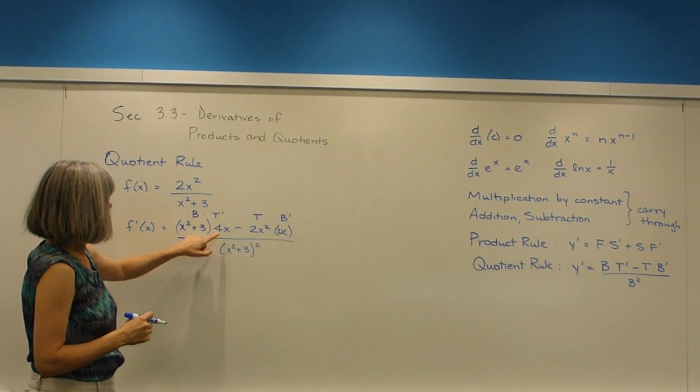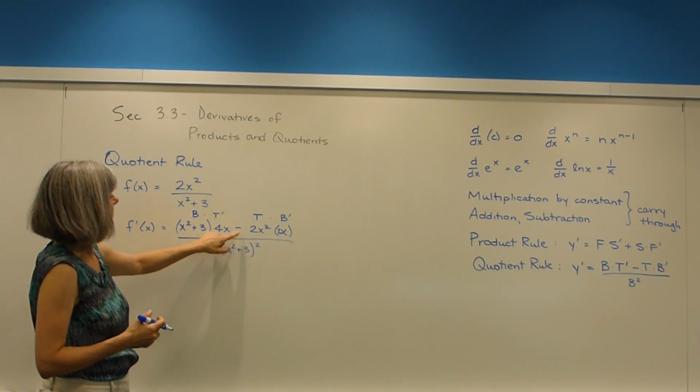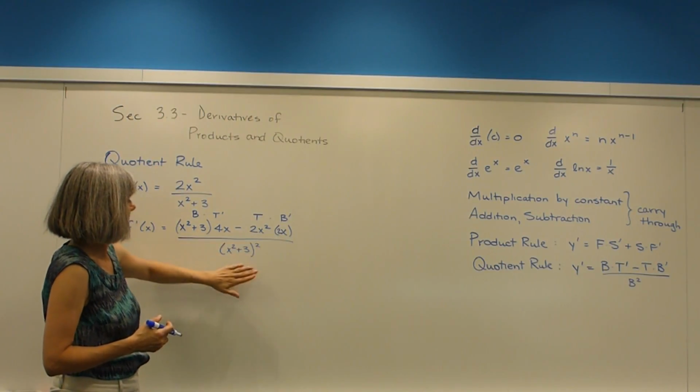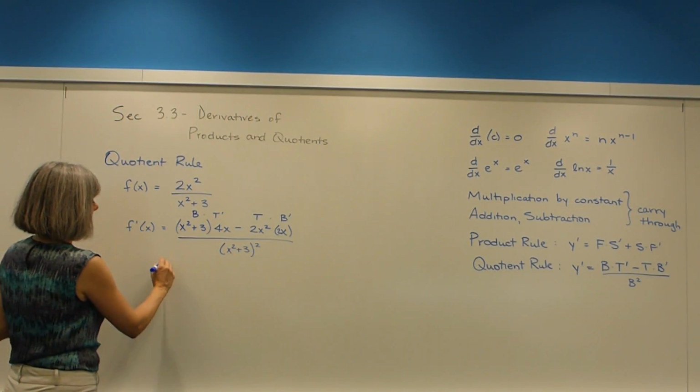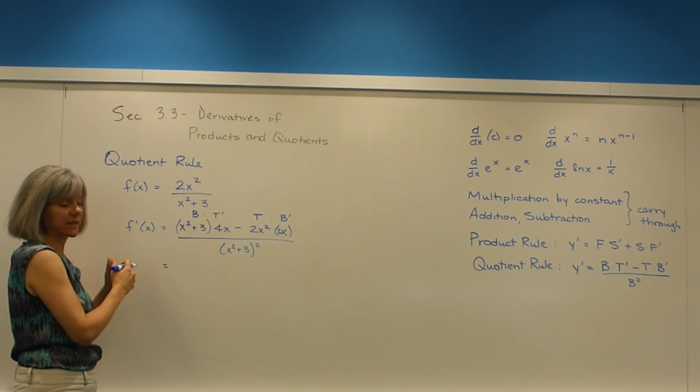So bottom times the derivative of the top, I'm just checking myself, minus top times derivative of the bottom all over the bottom squared. Okay, so now what we need to do is multiply out and combine like terms.